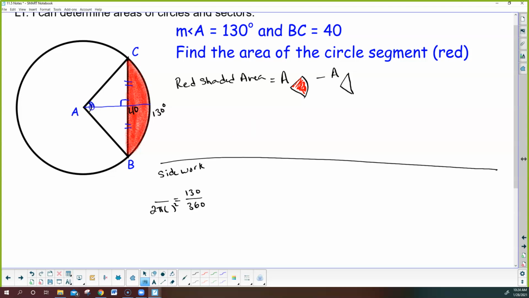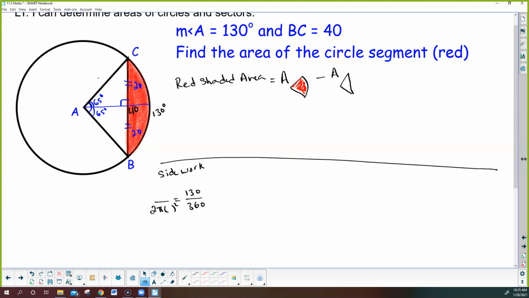So now each one of these small angles is half the value. This will be 65 degrees, and this will be 65 degrees. Notice 65 plus 65 is 130, so we are still holding true to everything. And because we cut BC in half, that's 20, and that's 20.